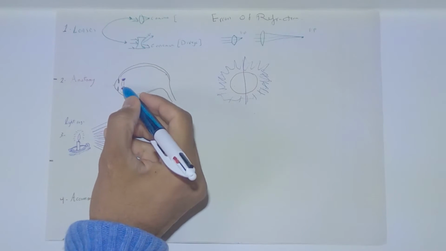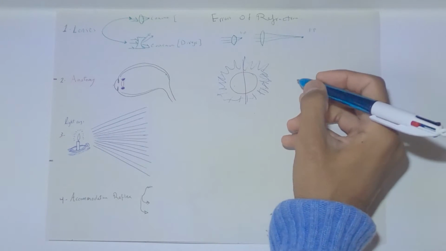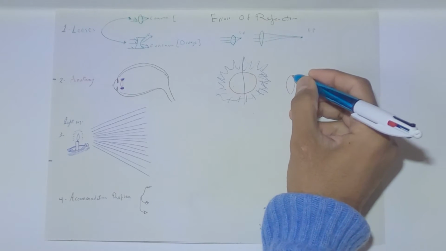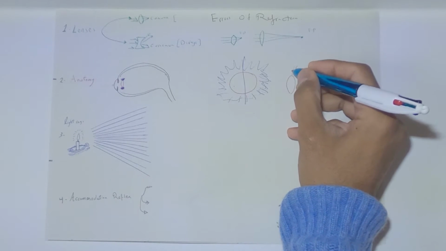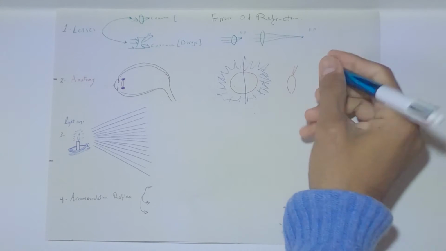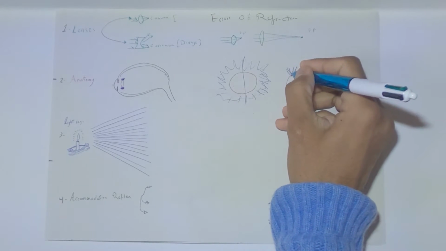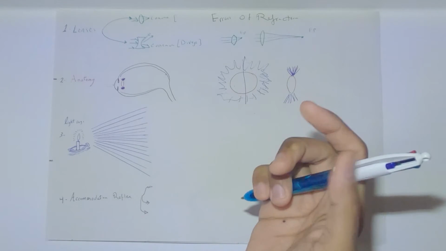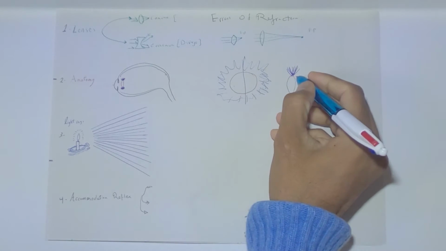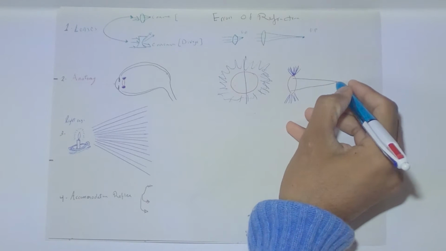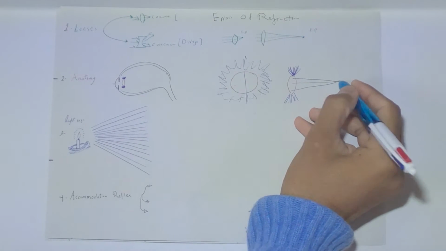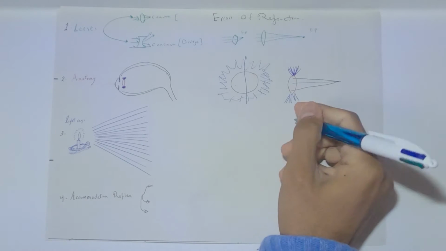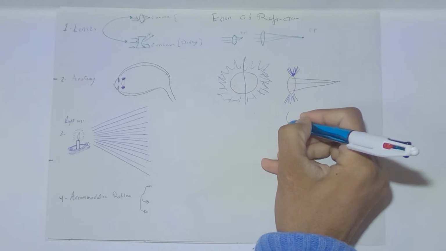So when the ciliary muscles are relaxed, no contraction, let's say the lens looks like this, with relaxed ciliary muscles. This would focus the light there. But let's contract the ciliary muscles.